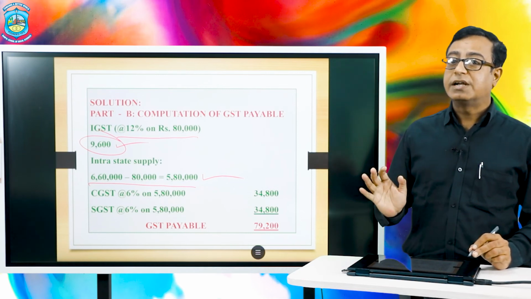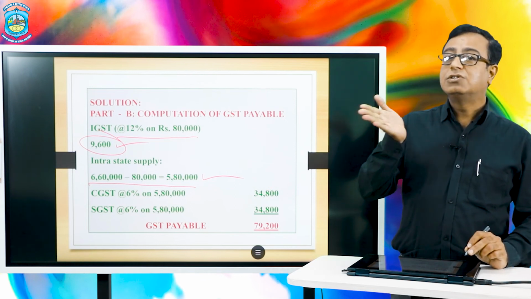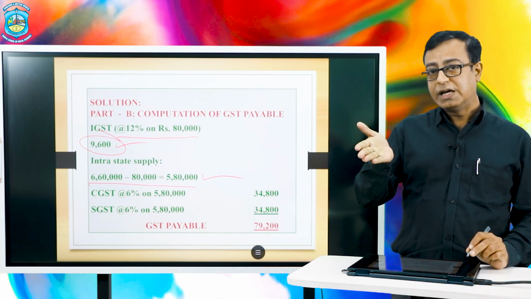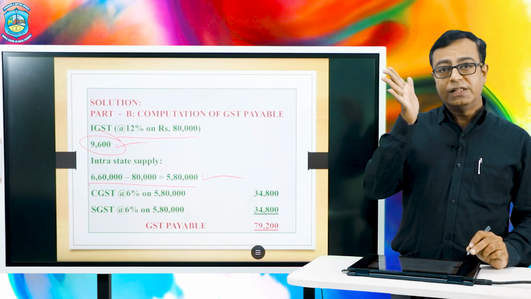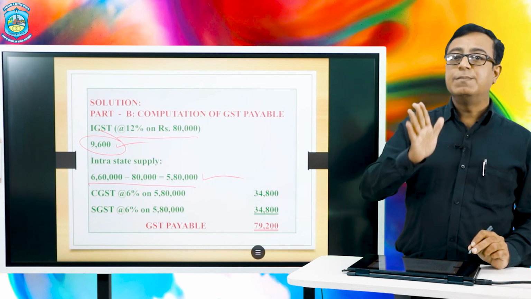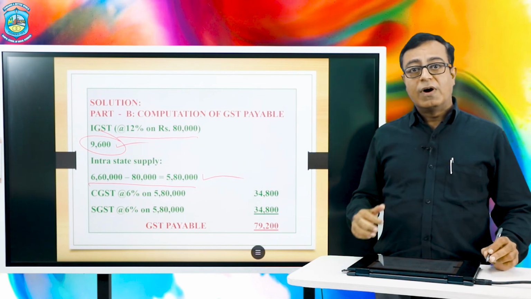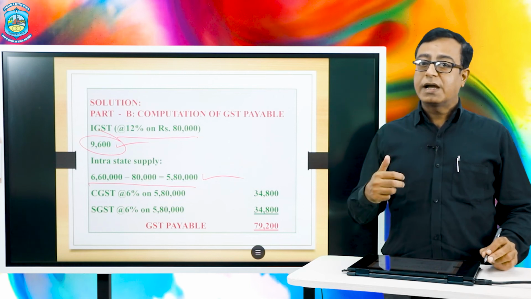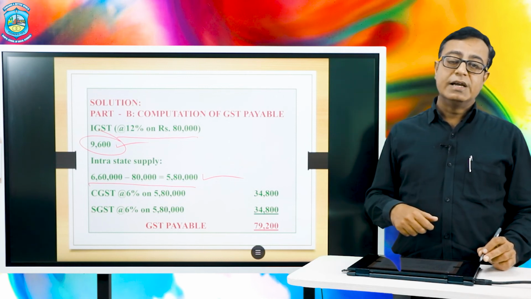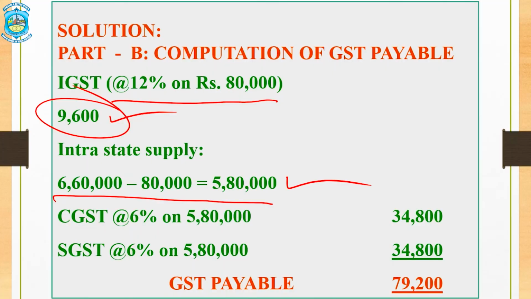Now this 5,80,000 will be assumed as local sale or intra-state sale, means goods sold within the state, within the city, means Bhopal. So what is the rate of tax on these sales? It is 6 plus 6. So what is the 6% of 5,80,000? It is 34,800. That is the same.